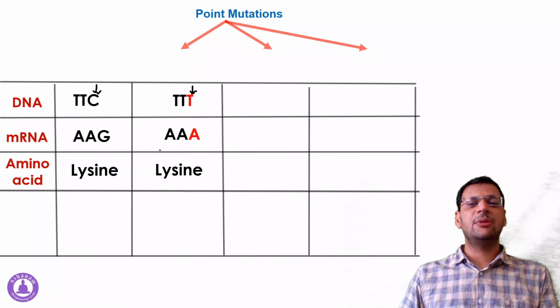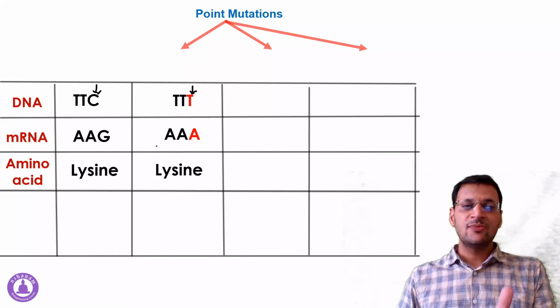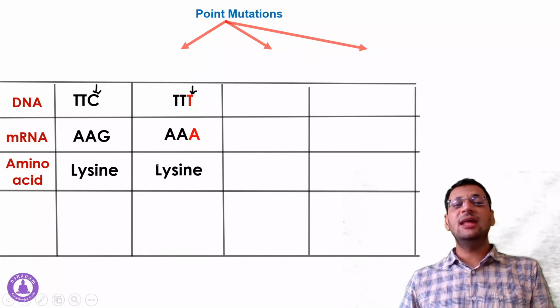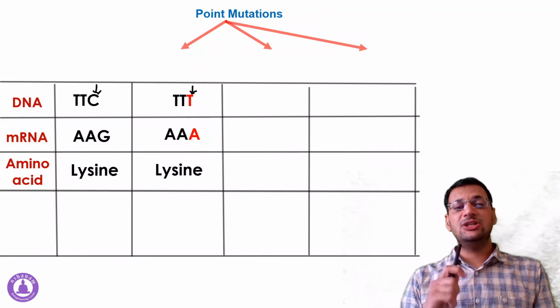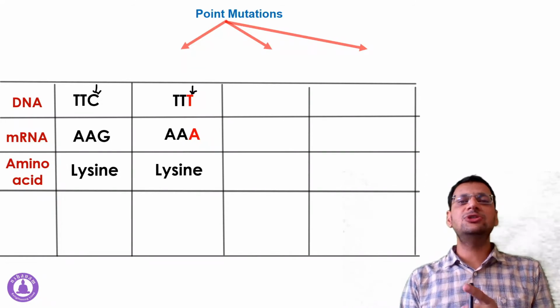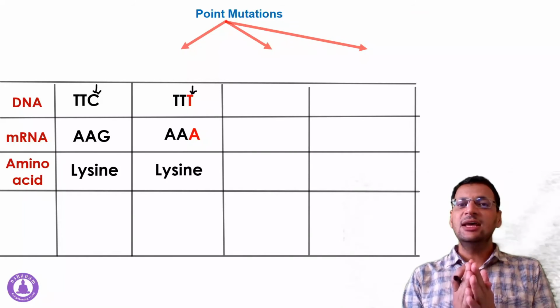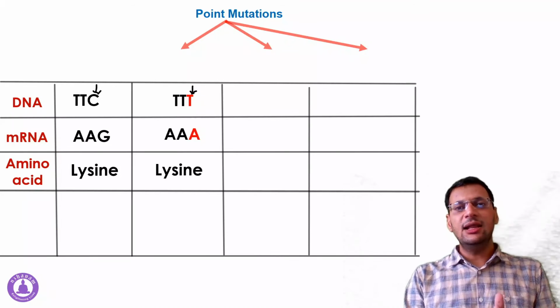We all know some amino acids are coded by multiple different codons. So in this case also lysine has been coded. That means there was a change in DNA, there was a change in mRNA, but there is no change in the protein structure, no change in the amino acid sequence, because the same amino acid has been translated.